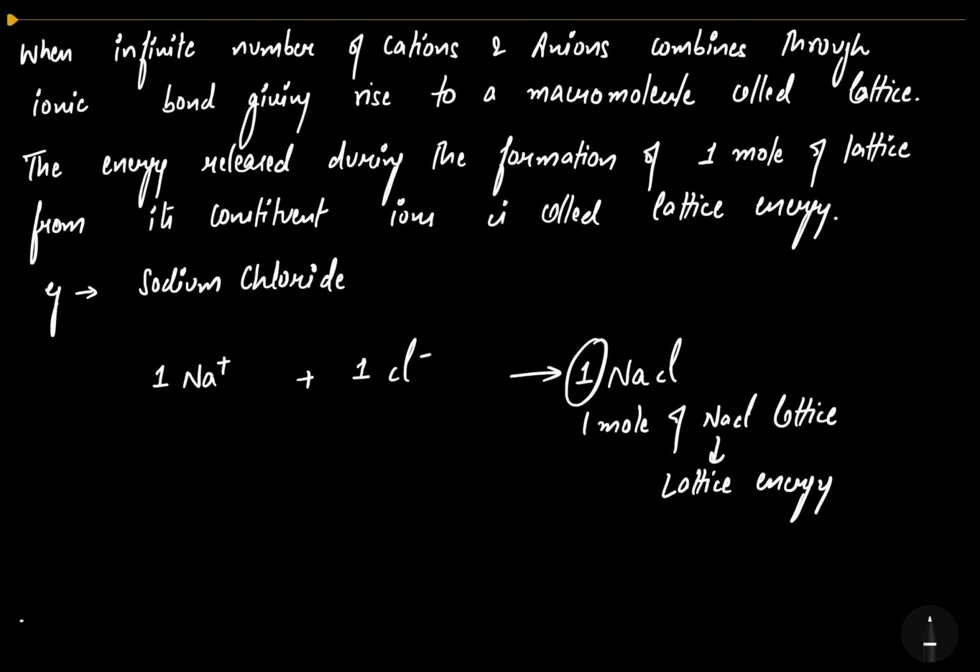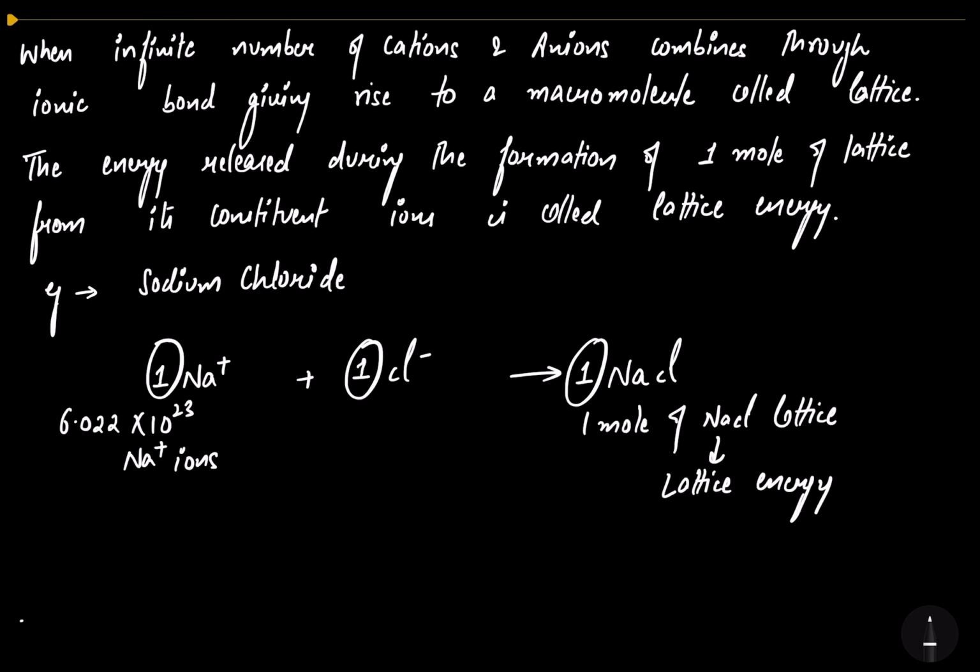So, in the formation of 1 mole of lattice, 1 mole of Na positive ions and 1 mole of Cl negative ions are required. In terms of number, 1 mole of Na positive means 6.022 into 10 to the power 23 Na positive ions.